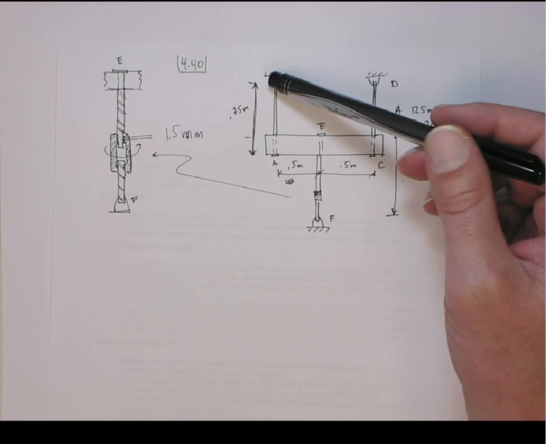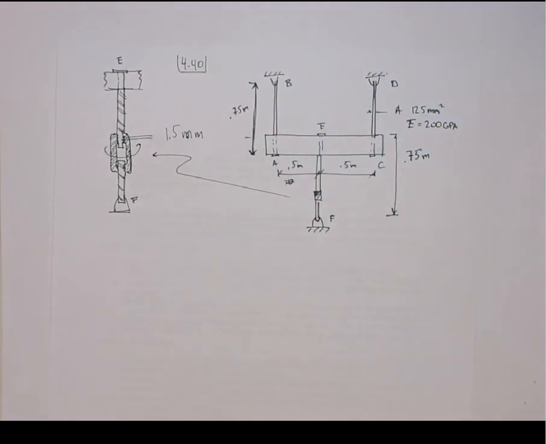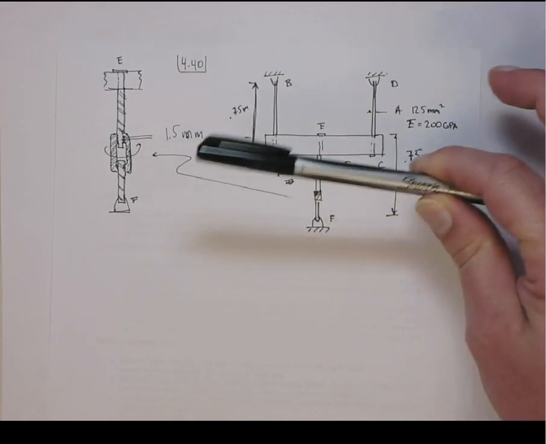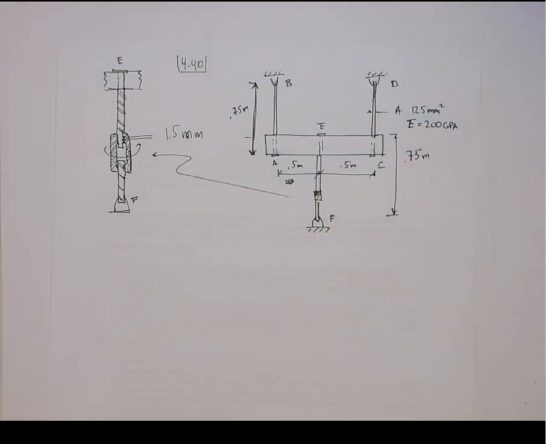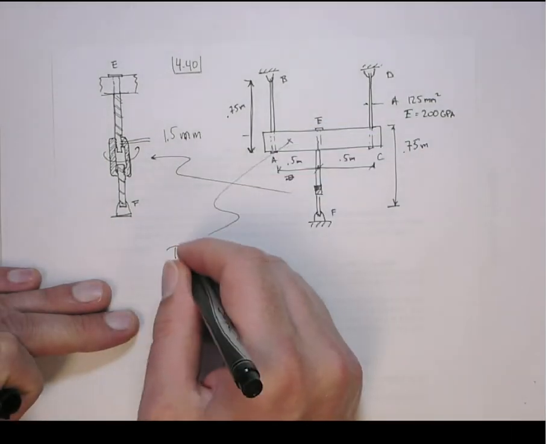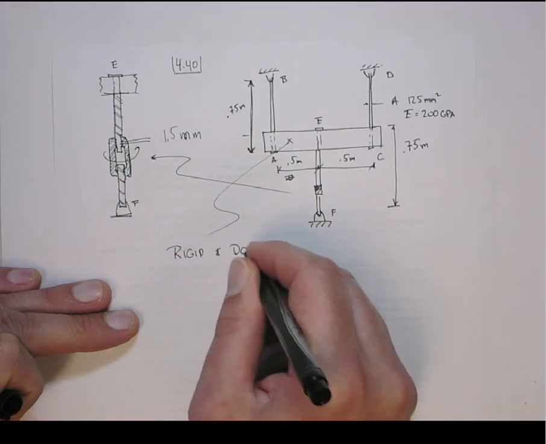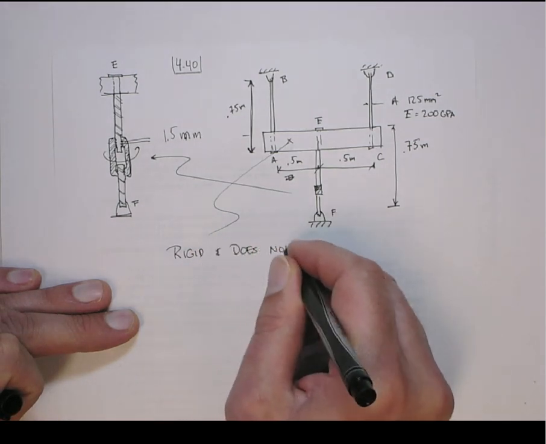If this had a different length, then you would have some asymmetry that might cause it to kick around. But in this case, we're going to assume no. It's rigid. It does not rotate.